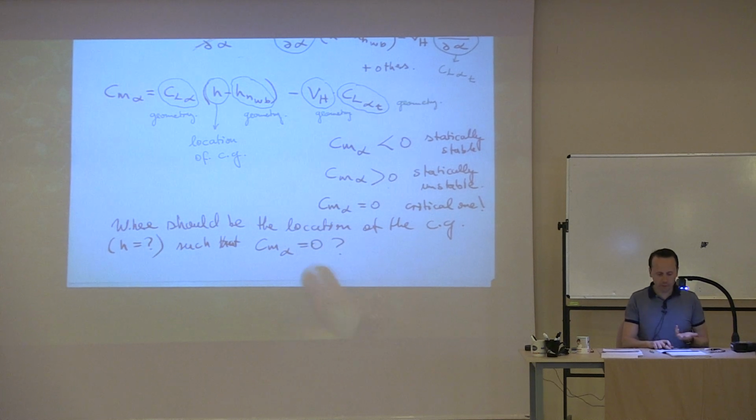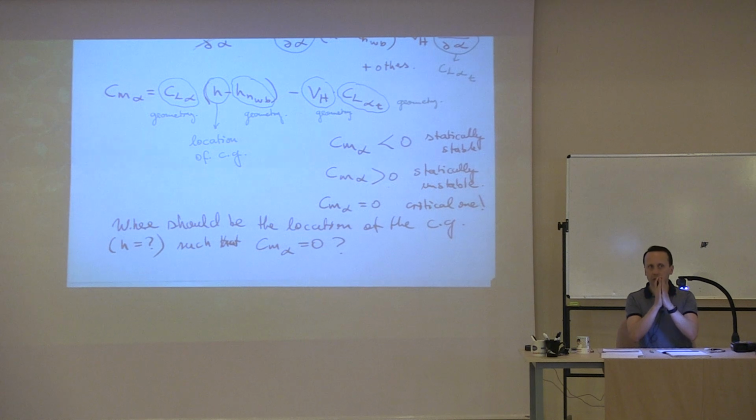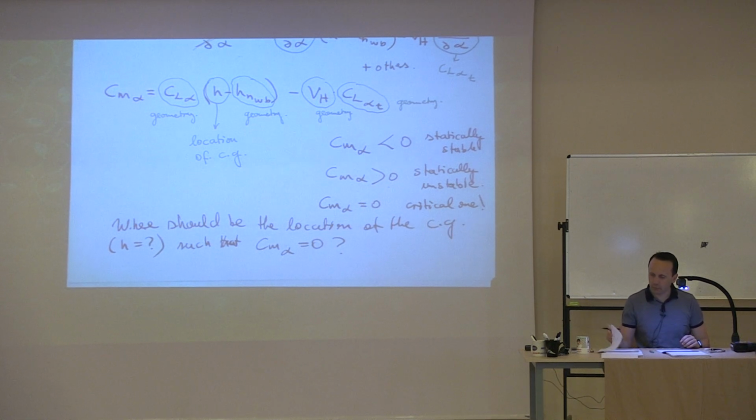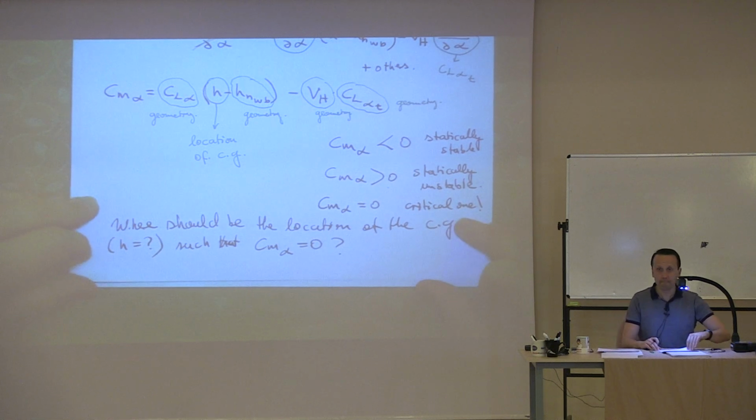The reason I'm looking for Cm alpha equal to 0, as I said, is that it's the boundary. A little bit to the left or right of that point will make it stable or unstable. So this is the critical point, and that's what we'd like to find now. That's the goal.